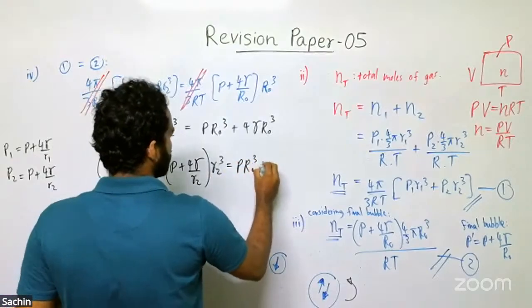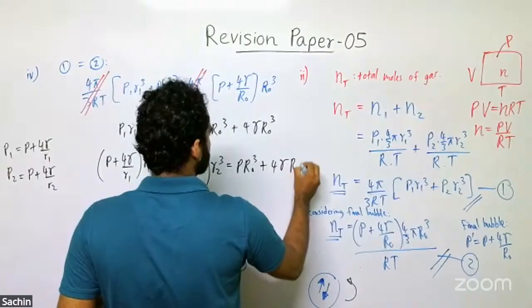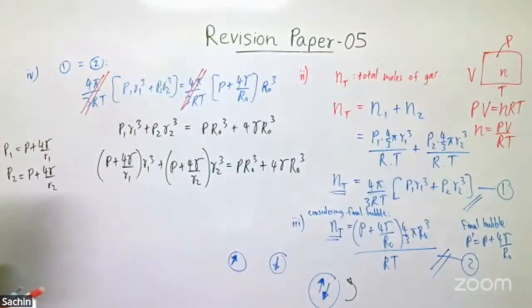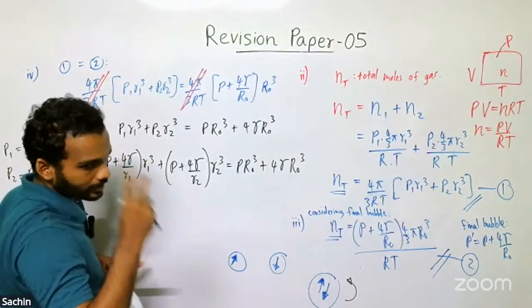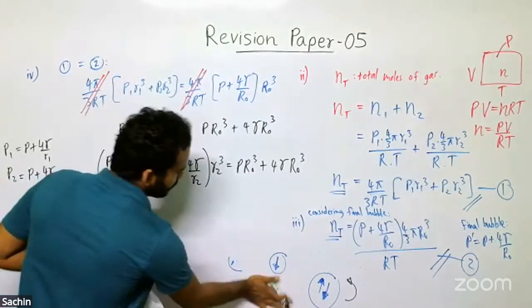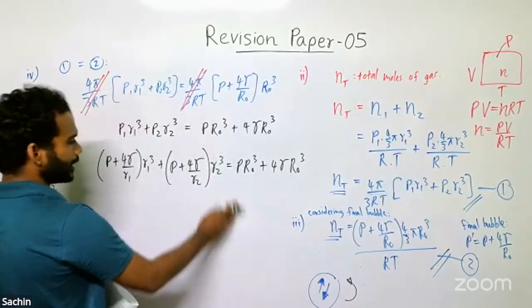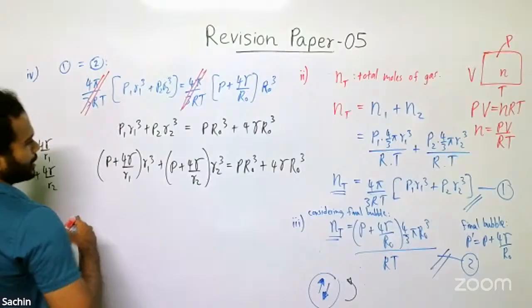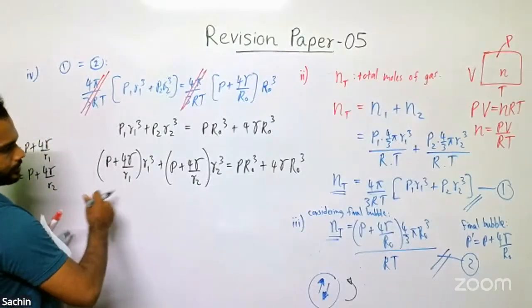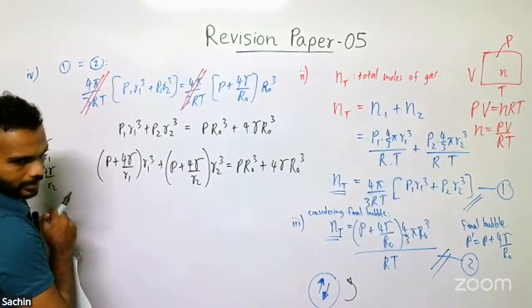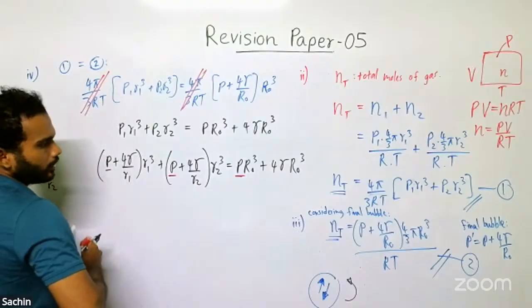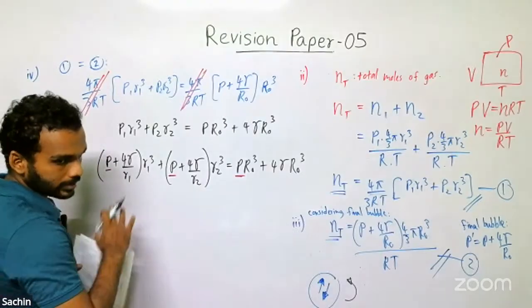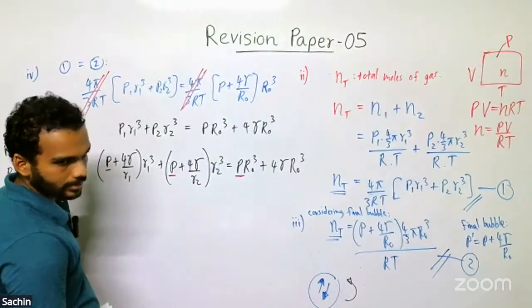Okay, see the results. Again, I'm rearranging. In some terms, I have to expand this. So I first expand this, and you can find that in certain terms there is a P. I'm taking all the terms including a P to one side, and the other terms to the other side.